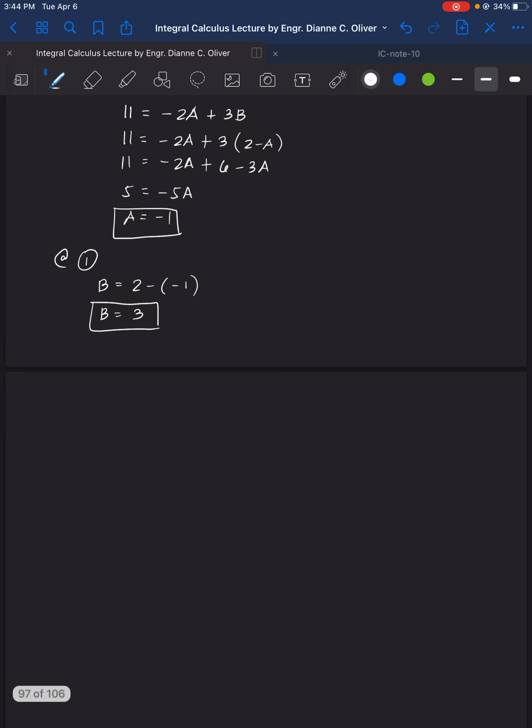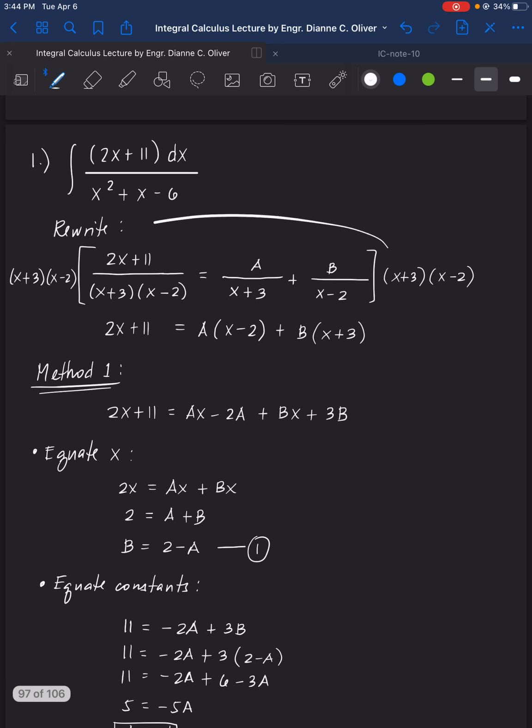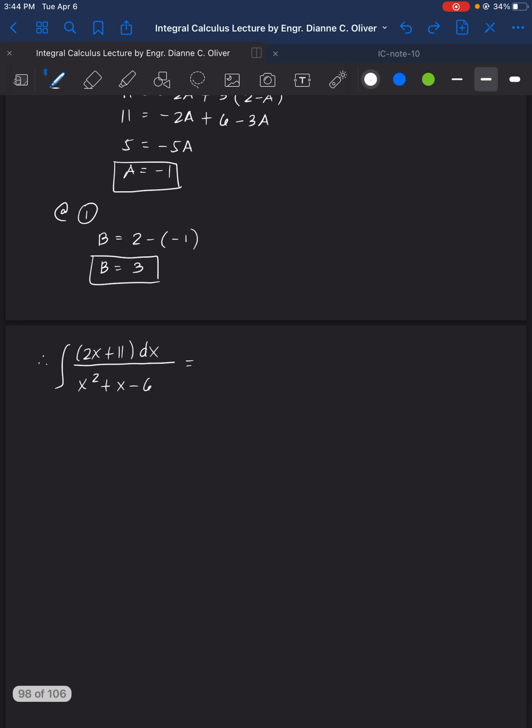Therefore, we have the original integral, (2x + 11) dx all over x squared plus x minus 6, equal to what we have rewritten here. We have A over x plus 3, and the value of A is negative 1, so negative integral of dx all over x plus 3.